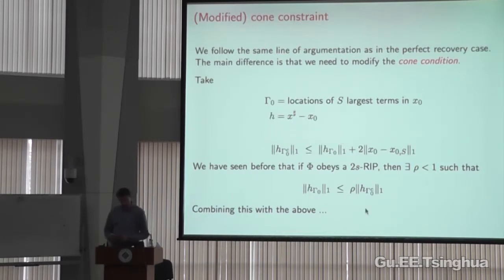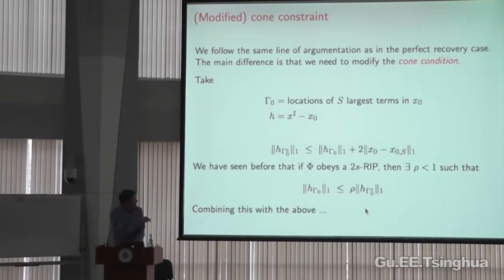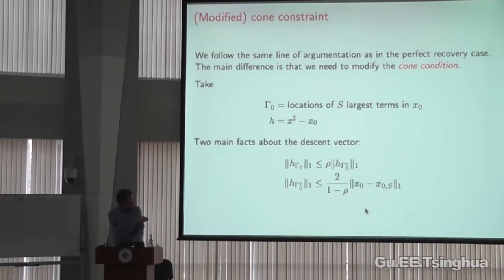So I know that this is true. I also know, by plugging this in up here, that I can arrive at this. So basically I know that the L1 norm of h on gamma naught complement, off the support, I can bound by some constant times the difference in the approximation. But now I sort of have everything.